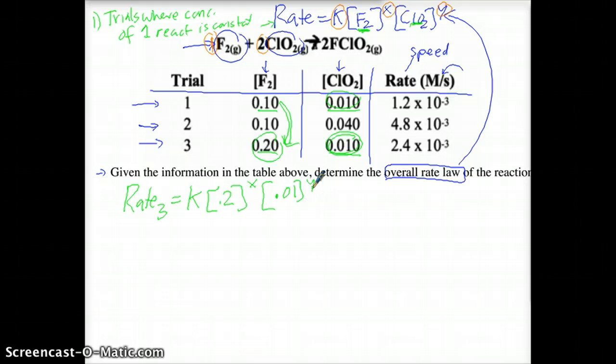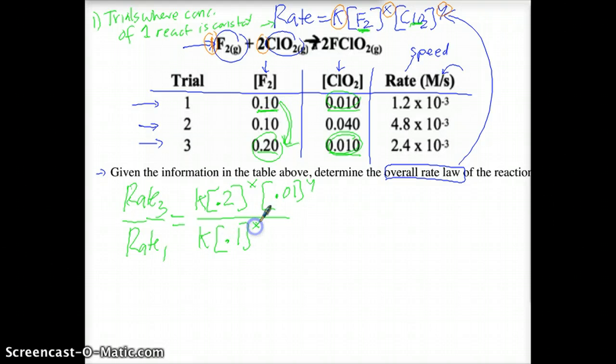And now I'm going to divide this by the same thing, but for the trial where ClO2 didn't change, in this case trial 1. So it's going to be K times the concentration of F2 in trial 1, which was 0.1 to the x, times the concentration of ClO2, which stayed the same.